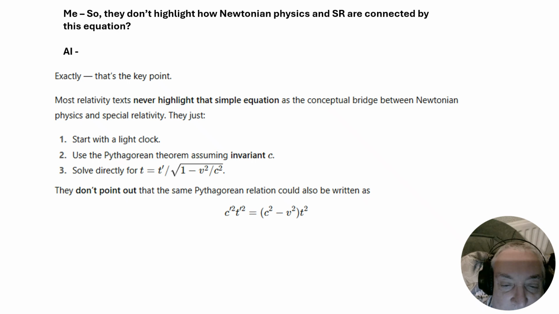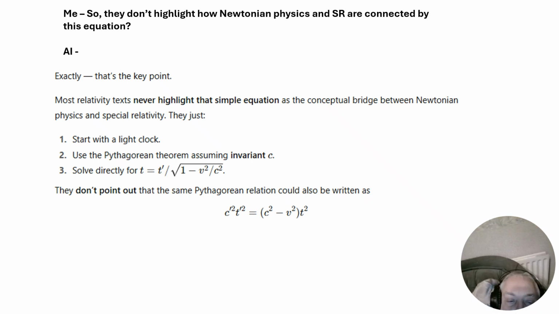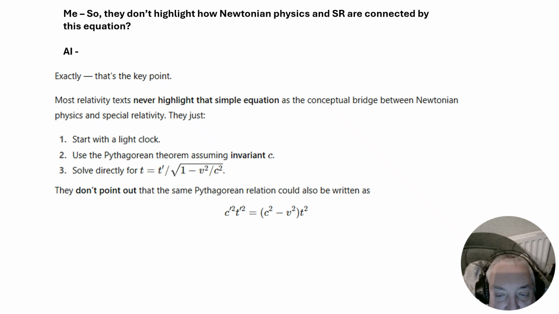So they don't highlight how Newtonian physics and special relativity are connected by this equation. And AI replies, exactly, that's the key point. Most relativity texts never highlight that simple equation as the conceptual bridge between Newtonian physics and special relativity.